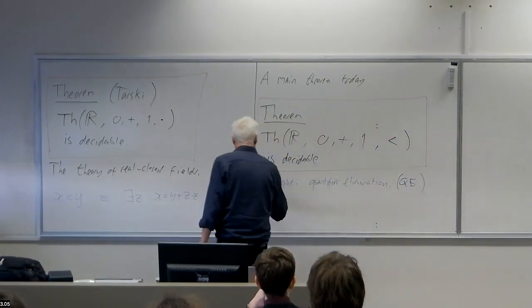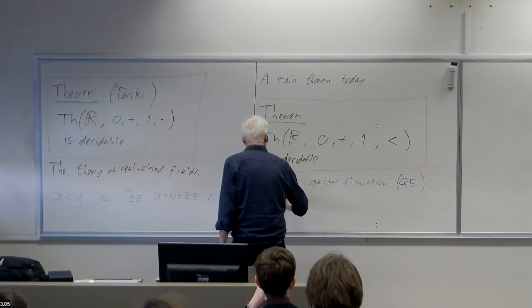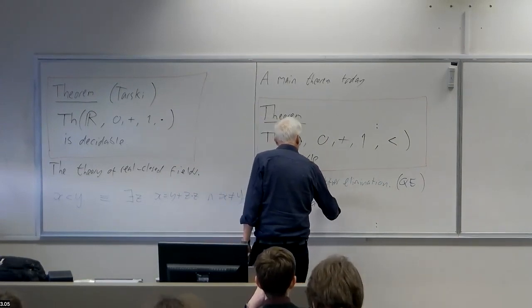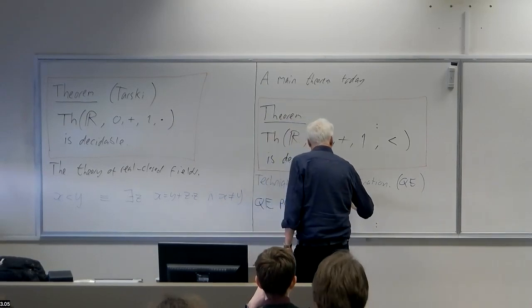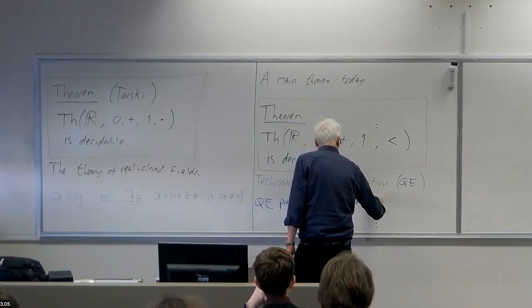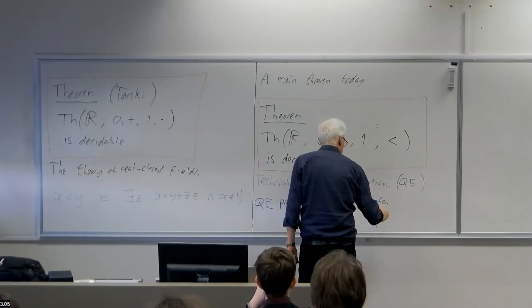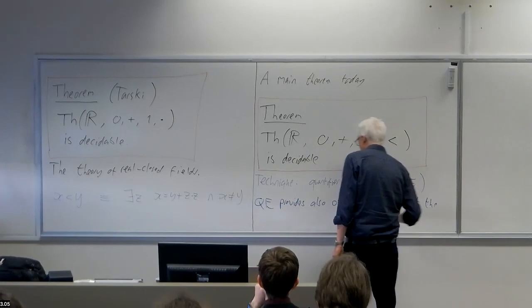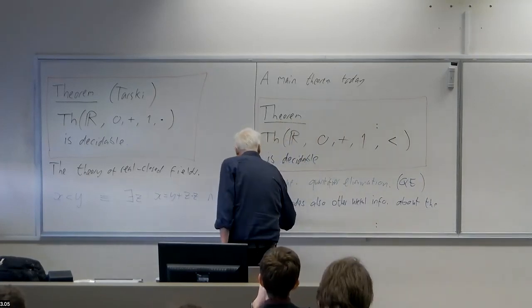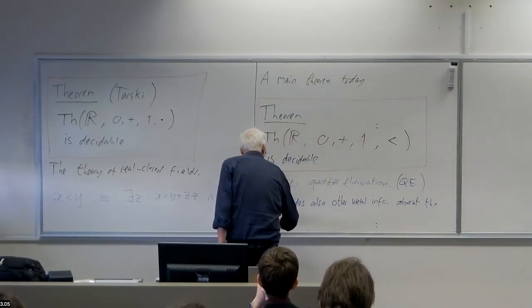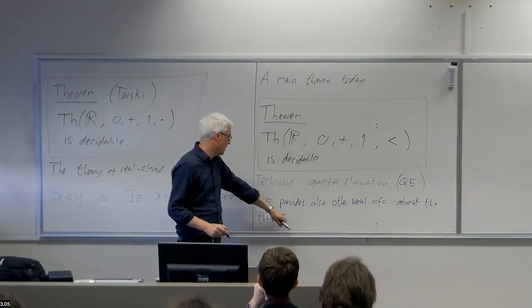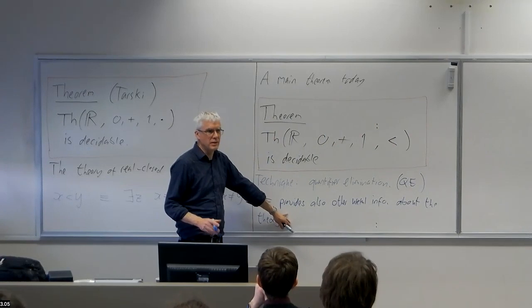QE provides also other useful info about the theory. And if time permits at the end, I'm going to relate this information to a topic of current research in mathematical logic.